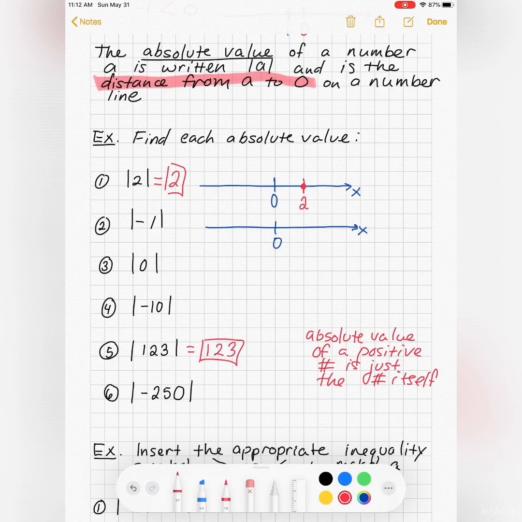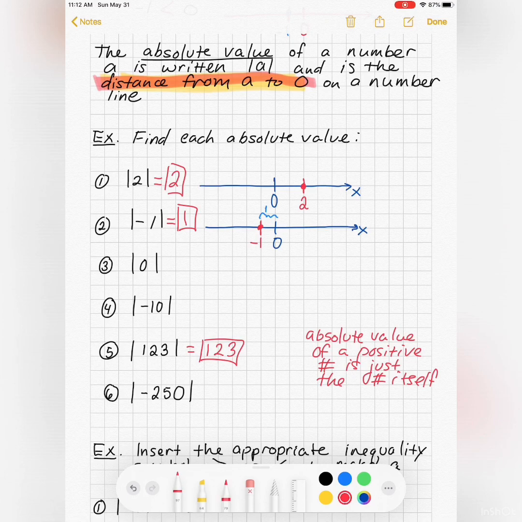Okay, so here's -1. So remember my definition. The distance from that point to 0 on the number line. So what is that distance? The distance here is actually 1 unit, right? So the absolute value of -1 is +1.